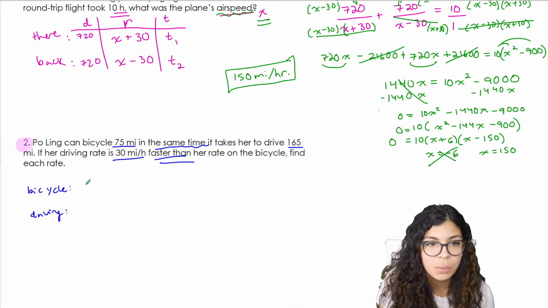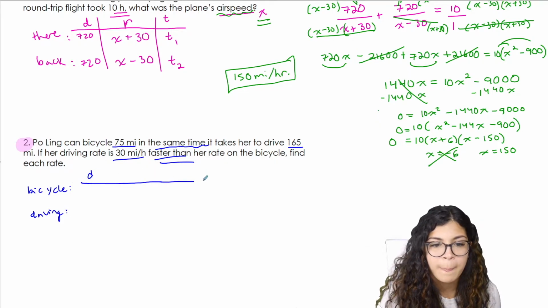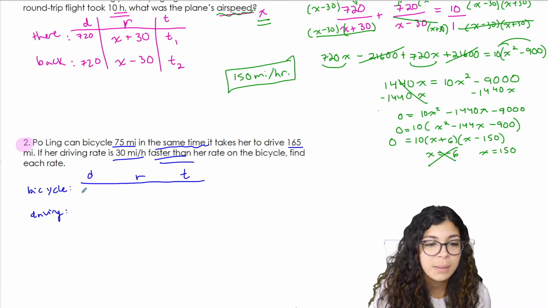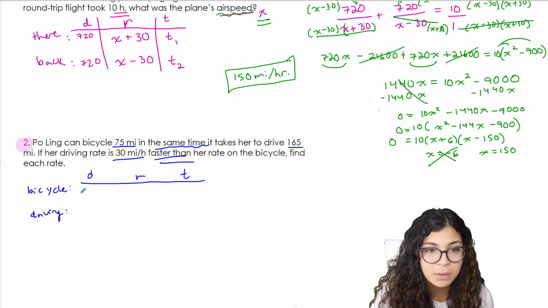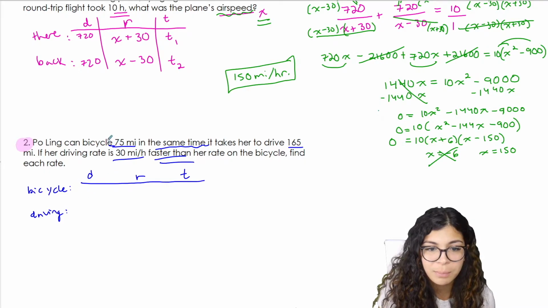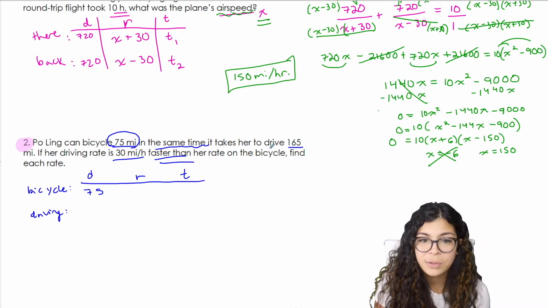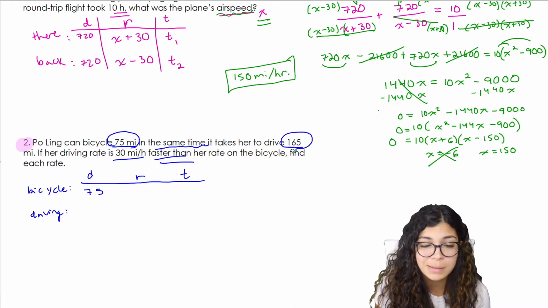Okay, so we need to go ahead and write our distance, our rate and our time, right? Now, what is the bicycle? The bicycle distance is 75 miles. And the driving distance is 165 miles.